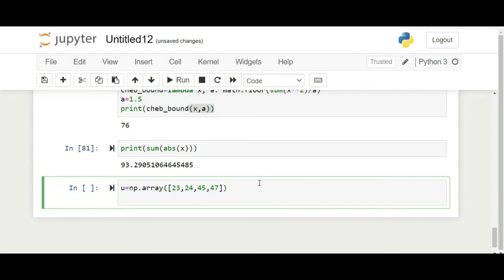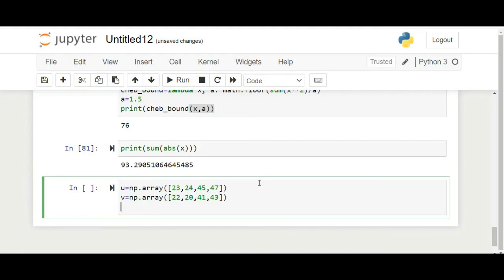and then v can be written as v is equal to np dot array. Inside the parentheses we shall insert square brackets, and we will write 22, 20, 41 and 43, just like that.